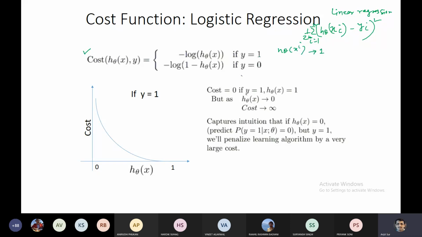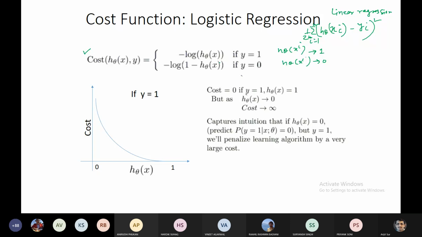That is our requirement. And when y is equal to 0, we have to predict h theta of xi is equal to 0. So if it is 1, then our cost function is minus log of h theta x, and if it is 0, we get log of 1 minus h theta x.